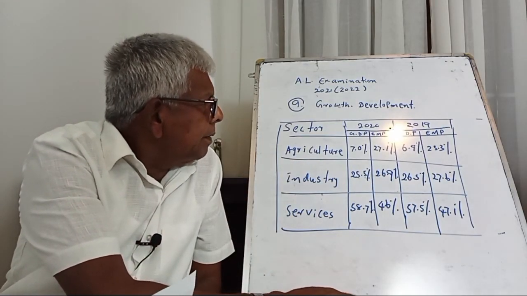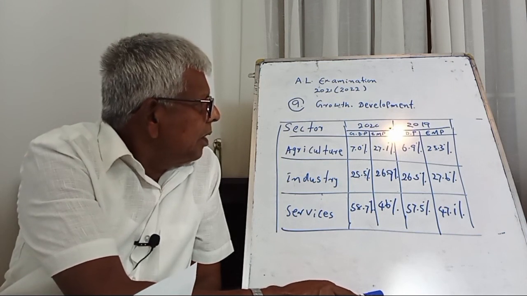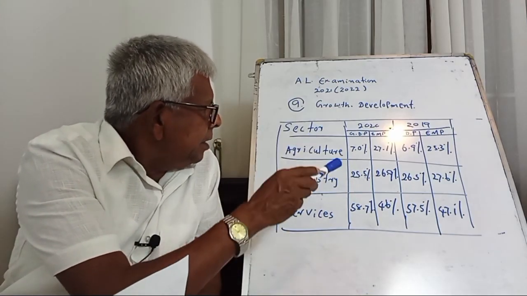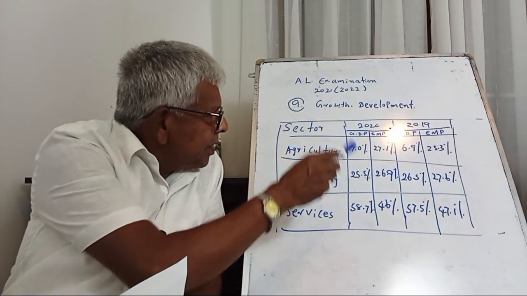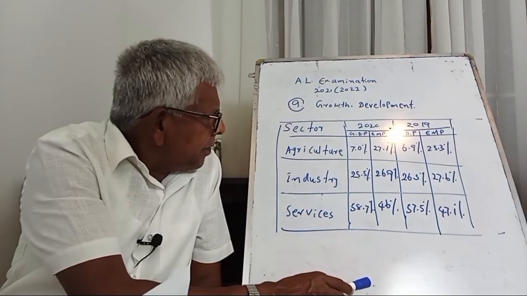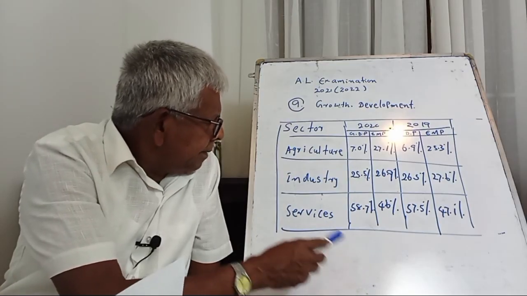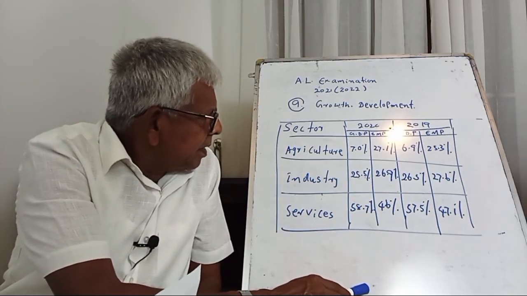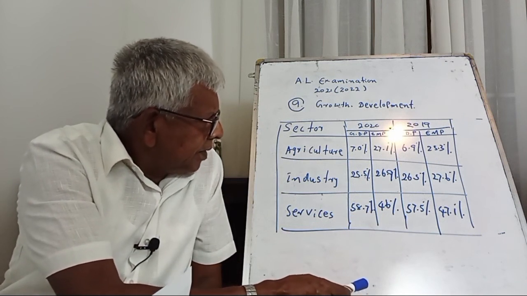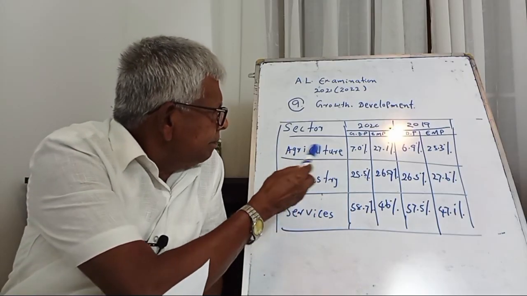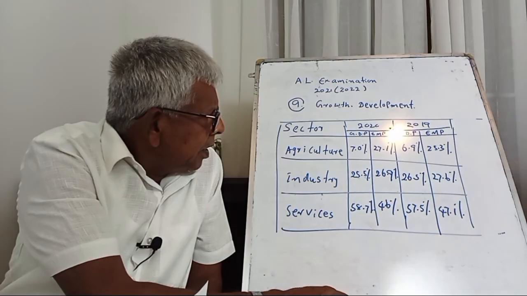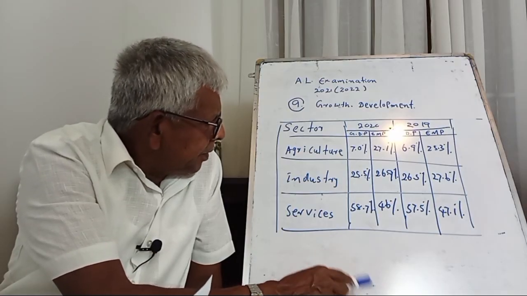Please look at 2019 GDP and employment. GDP agriculture 6.9%, industry 26.5%, service sector GDP 57.5%, and employment agriculture sector 25.3%, industry 27.6%.